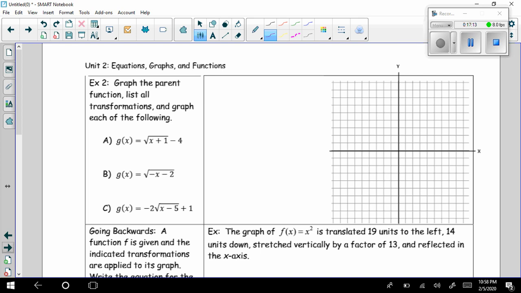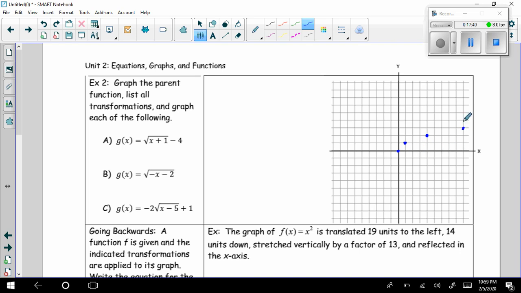All right, so I know square root functions are fairly new, maybe. You should have done them a little bit in Algebra 2, but I want you to try this one. Here is your parent function. We have 0, 0, 1, 1, 4, 2, and then if you want to, you can go 9, 3.